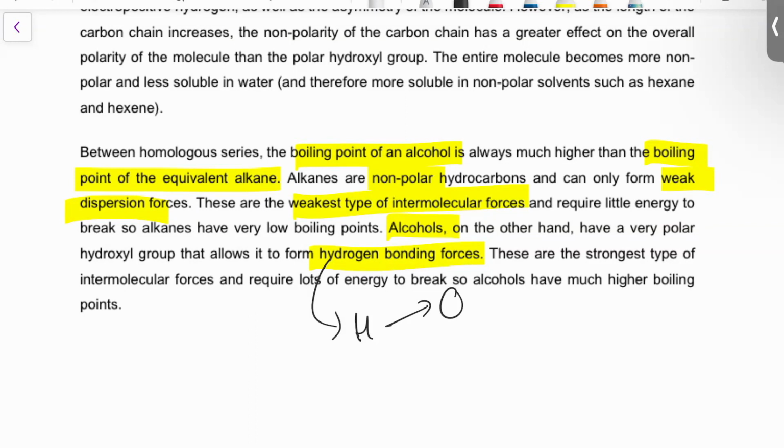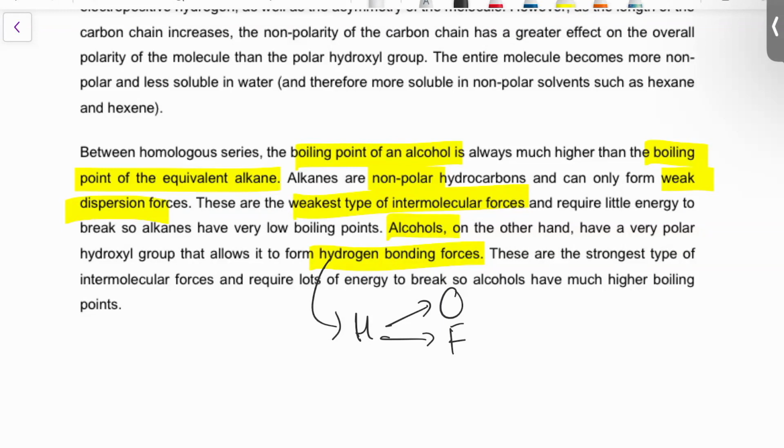My question is, do you guys remember the 2 other elements that hydrogen's bonded to cause hydrogen bonding forces? So hydrogen bonding forces form when hydrogen bonds to an O. What are the other 2 elements that it can bond to? Isn't it like fluorine or something? Fluorine, good. Fluorine's one of them. What's the last one? This is a bit of a memory test.